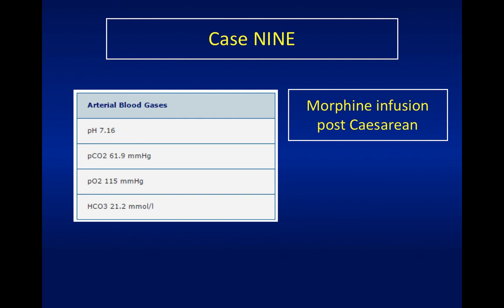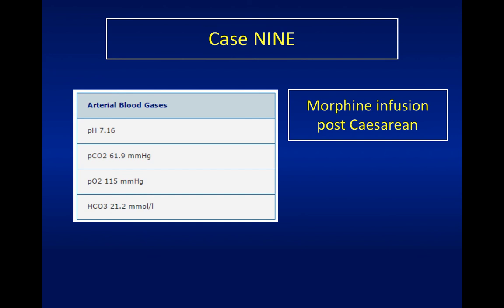The PO2 looks normal, although she may be on supplementary oxygen treatment, but the PCO2 is very high, with a bicarb that's a little low, but that may reflect the fact that she is pregnant, and this is an early identified blood gas change. So, respiratory acidosis.